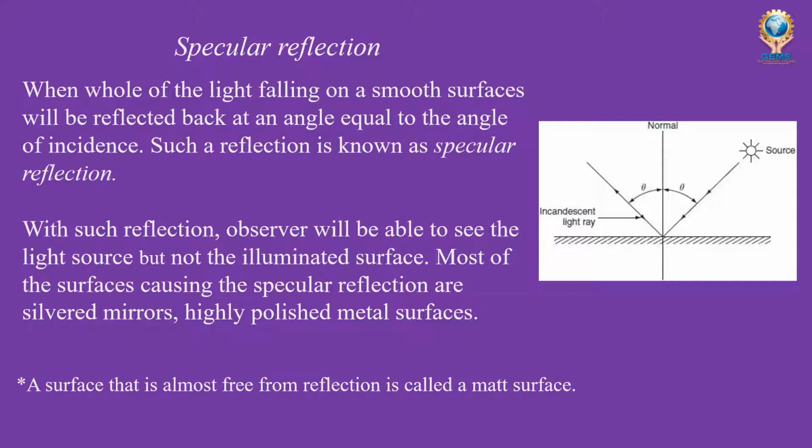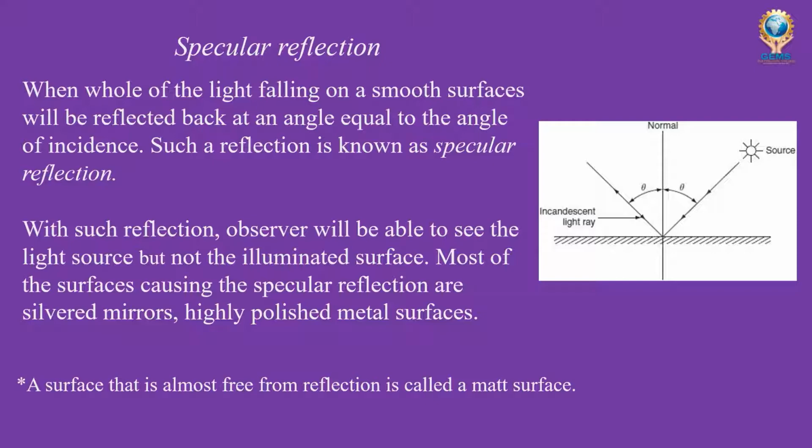With such reflection, the observer will be able to see the light source, but not the illuminated surface. Most of the surfaces causing specular reflection are silvered mirrors and highly polished metal surfaces.